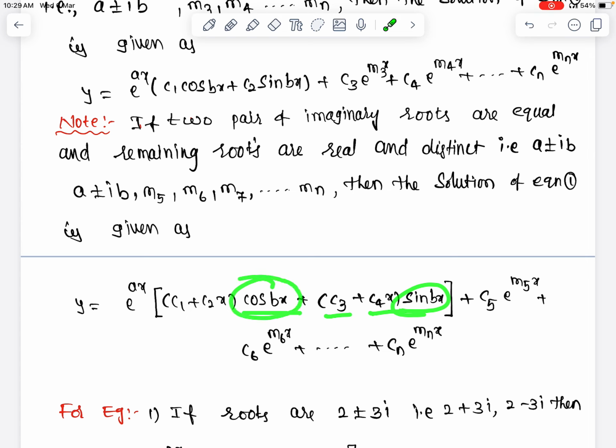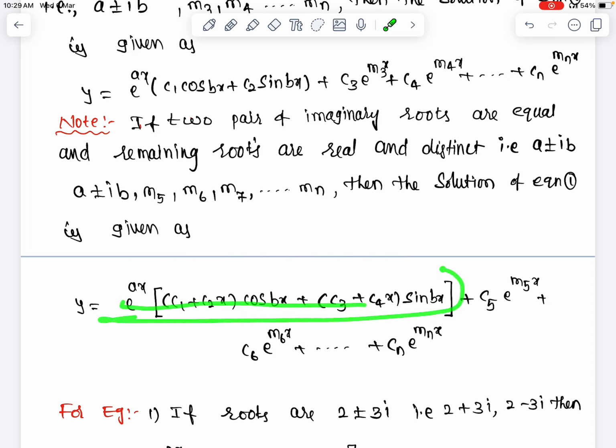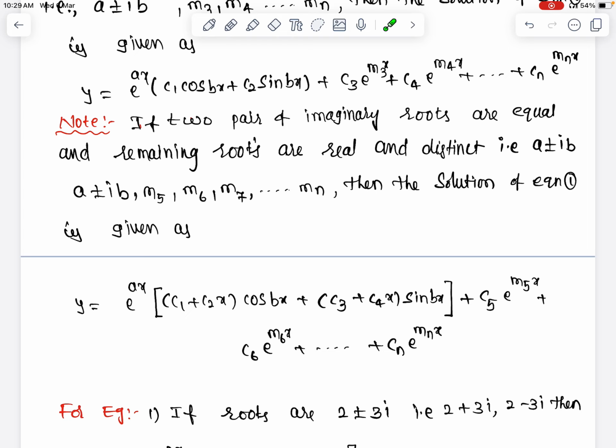We should write this one. It is the solution when roots are imaginary and equal. Then C5 e power m5x plus C6 e power m6x up to Cn e power mnx, where the remaining roots are real and distinct.